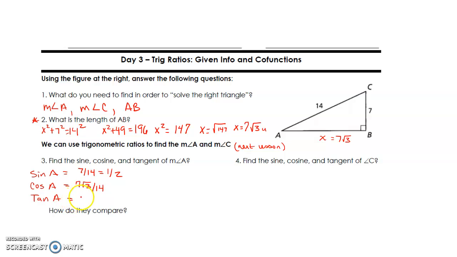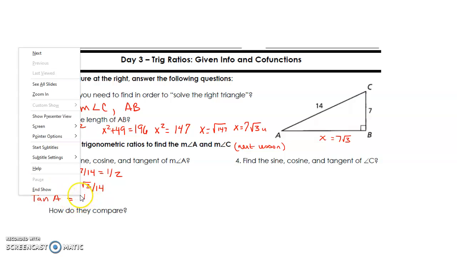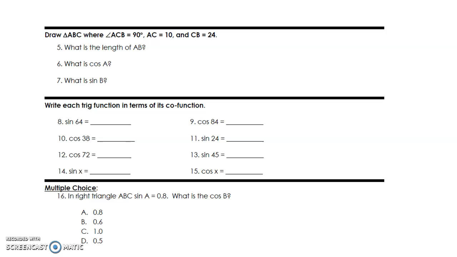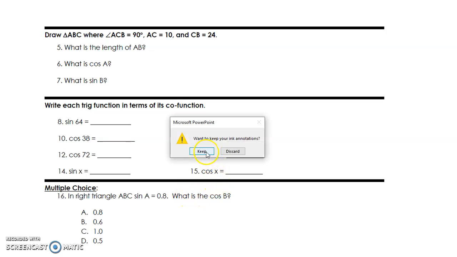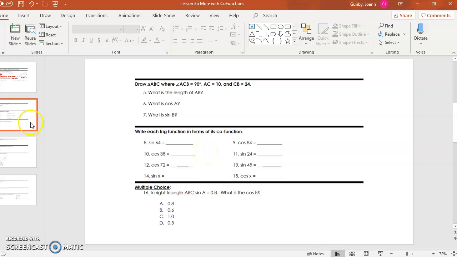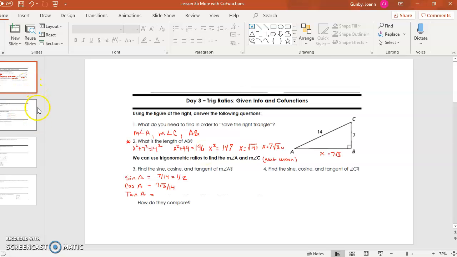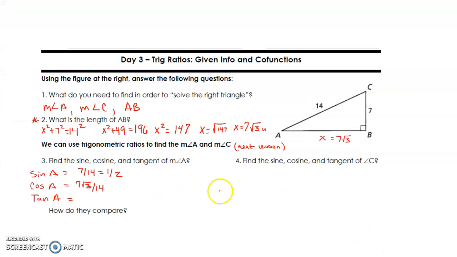And my tangent is going to be my opposite over my adjacent. So then tangent again was my opposite over my adjacent.